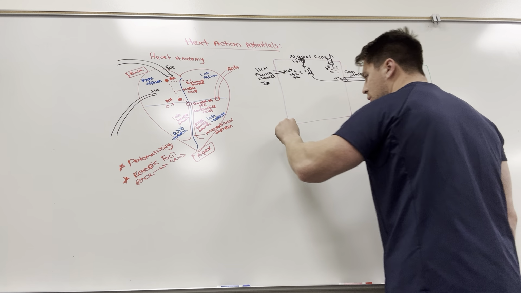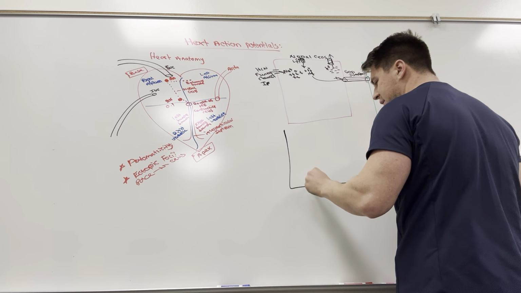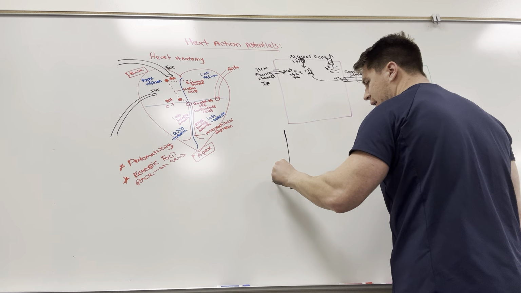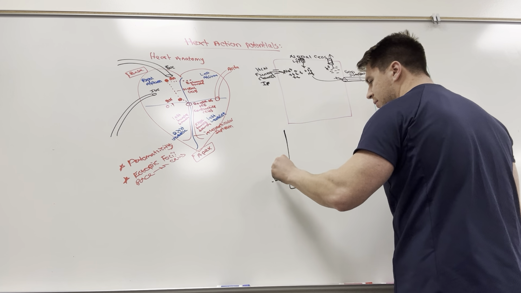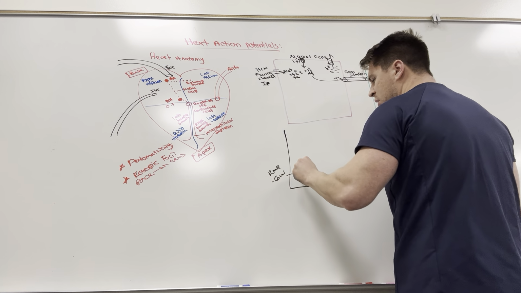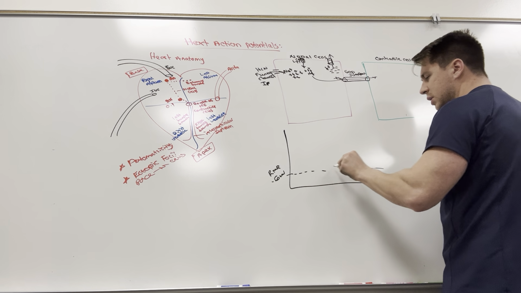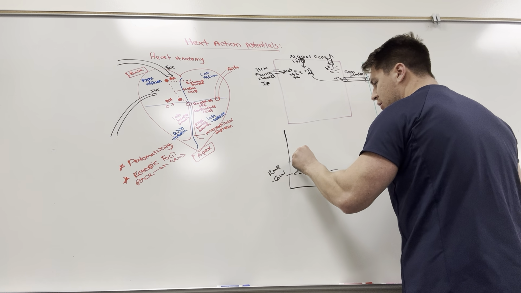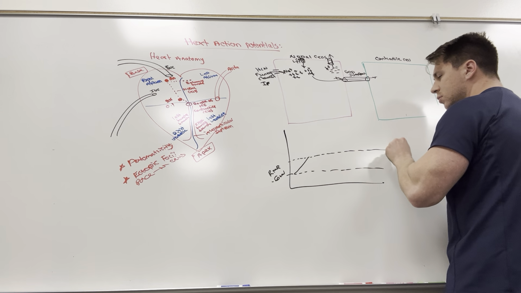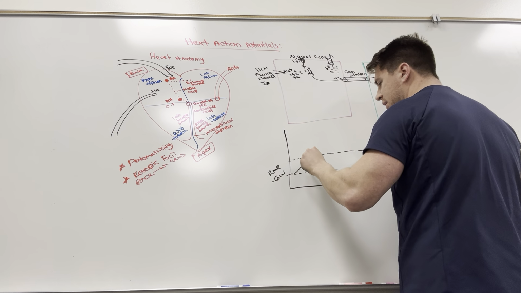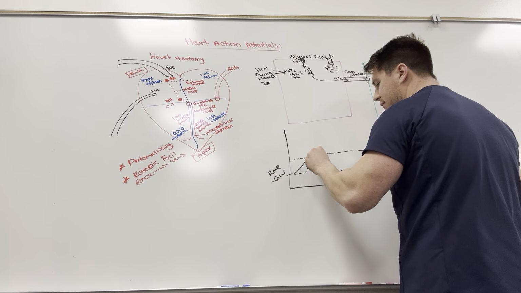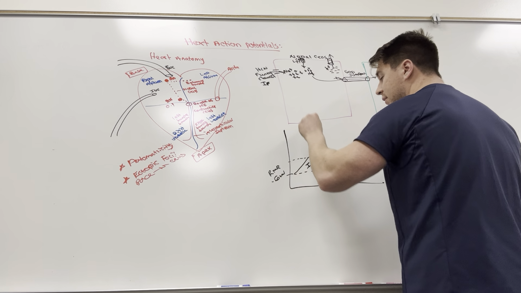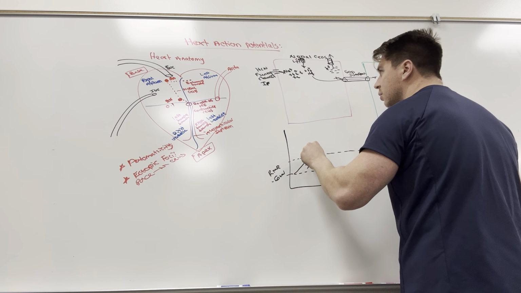So we want to draw this one on a graph and see what's happening. If we're at negative 60 millivolts resting membrane potential, and this is our threshold, this funny channel, HCN, which we'll just call IF, is going to get us up to threshold.